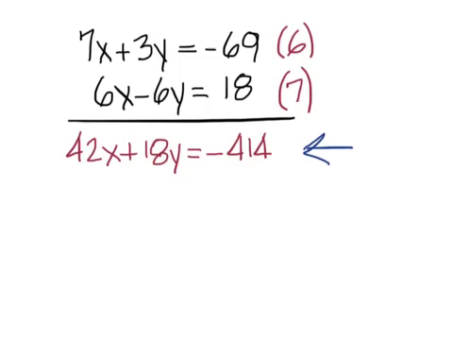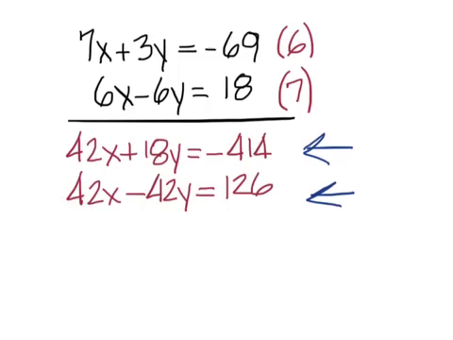Yeah, 42x plus 18y equals -414. That's right. Can anybody read off what we would get when we multiply the second equation by 7? What would go here? That's right. 42x minus 42y equals 126.